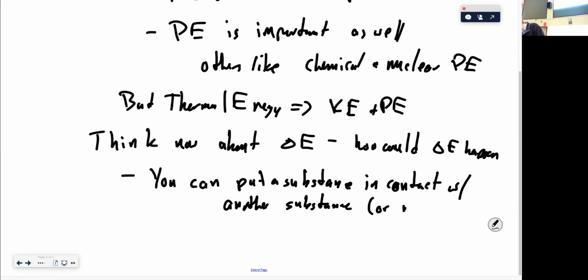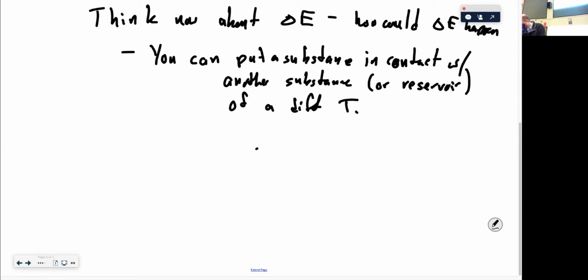A reservoir is exactly the same as a substance with one important distinction: a different temperature. Energy is transported between them.